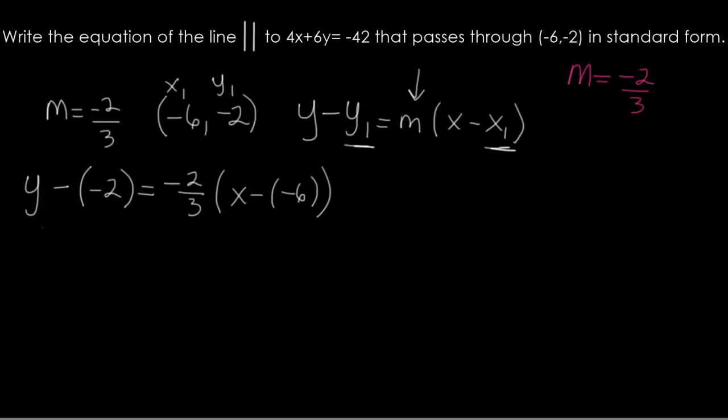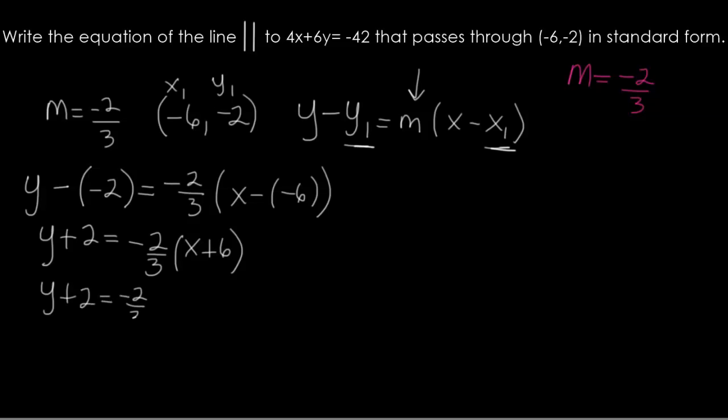Let's simplify this. So that would be y plus, a double negative gives me a positive, y plus 2 equals negative 2 over 3, a double negative gives me a positive, x plus 6. Can I leave it like this? No, let's keep going. Now I'm going to distribute that to both items in the parentheses.